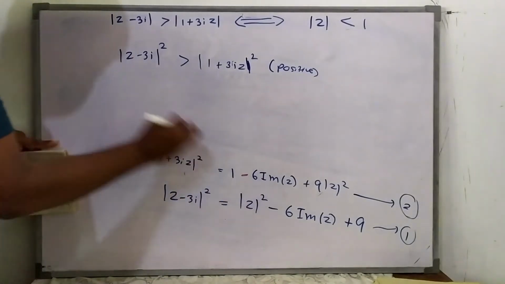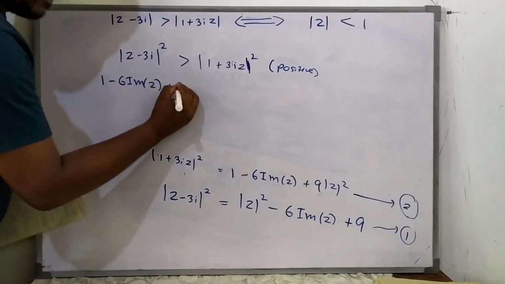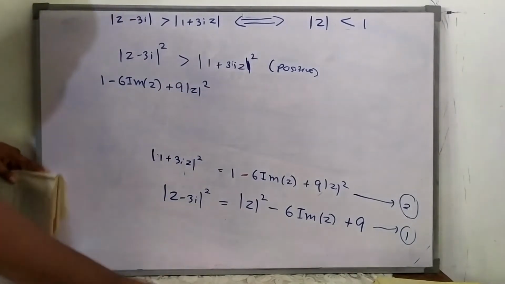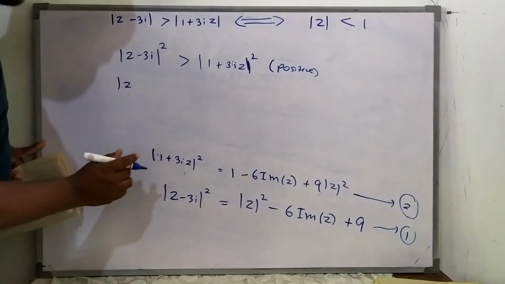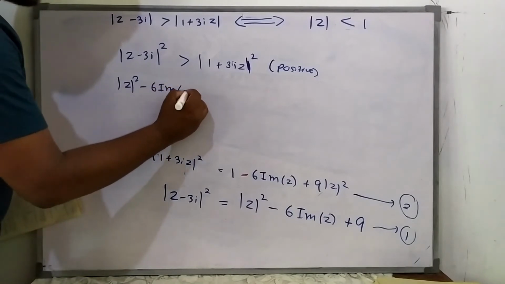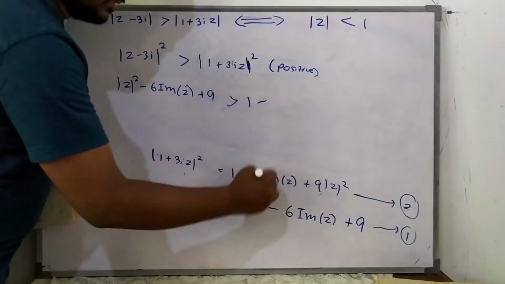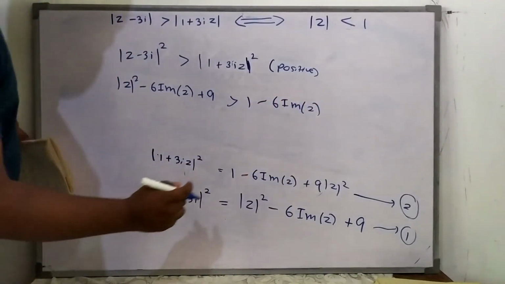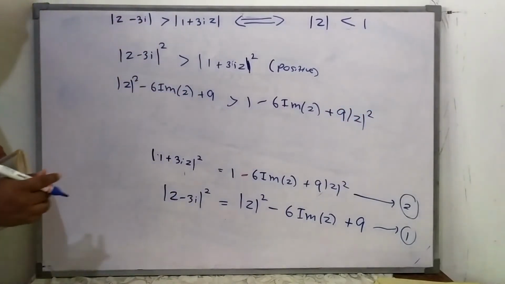So now we have modulus z square minus 6 imaginary z plus 9 greater than 1 minus 6 imaginary z plus 9 modulus square.